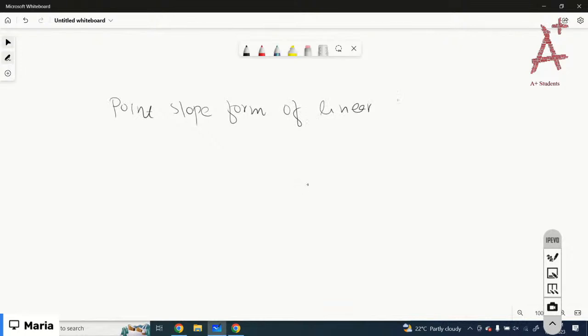That would be y equals mx plus b. Here m is the slope and b is the y-intercept of the equation. Got it? Y-intercept means the point where the graph is touching the y-axis. Got it? That is the slope intercept form.